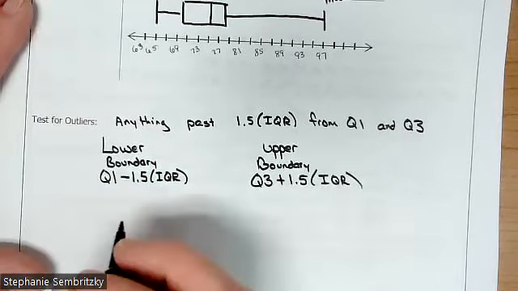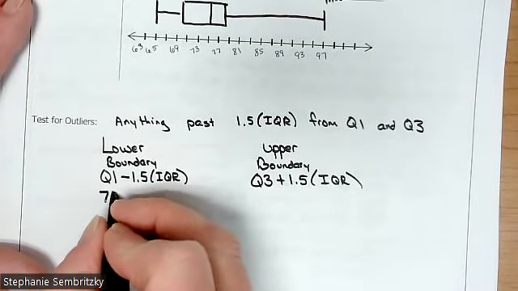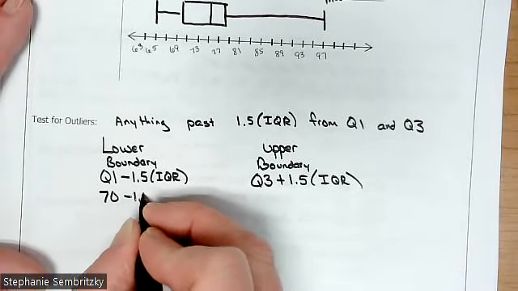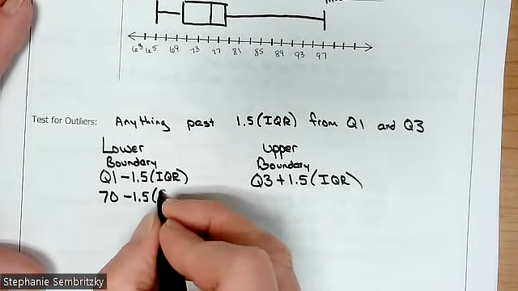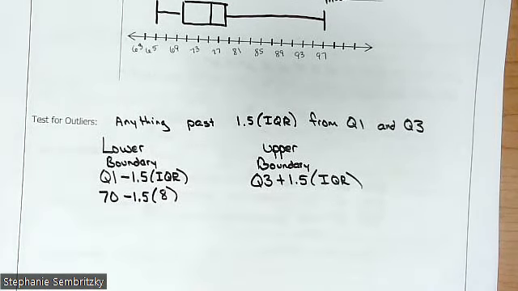So our Q1 was 70 minus 1.5. What was our IQR? 8. So 70 minus 1.5 times 8. Whoops, I gotta go to the home screen.